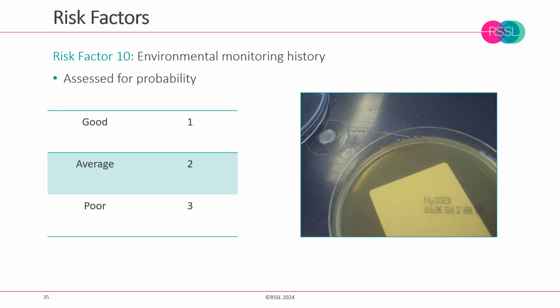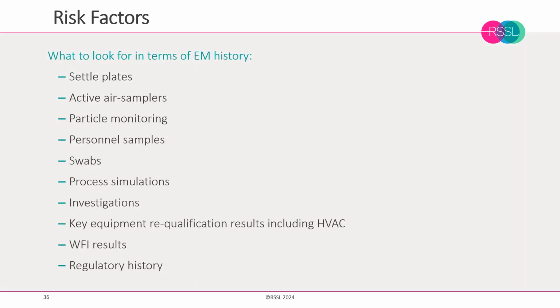But you know, if a room's got a really good EM history and it's on the cusp, then it might be able to move into a lower risk category. So it's a good idea to look at environmental monitoring data and to draw this across all of the different measures that we have, and not only in terms of microbial counts, but also frequency of, say, alert and action level excursions, and also in terms of the types of microorganisms that are recovered.